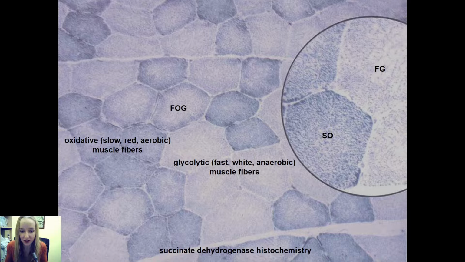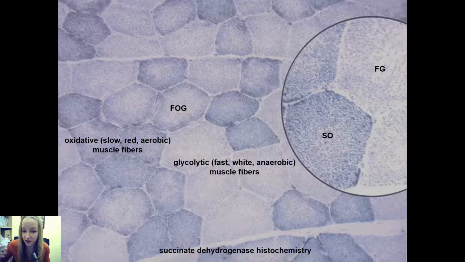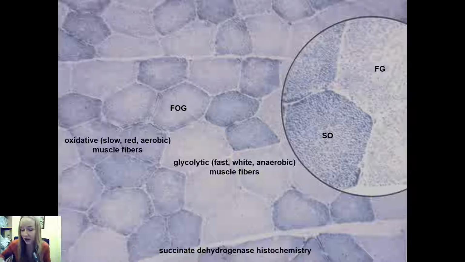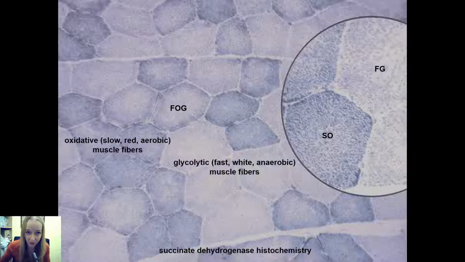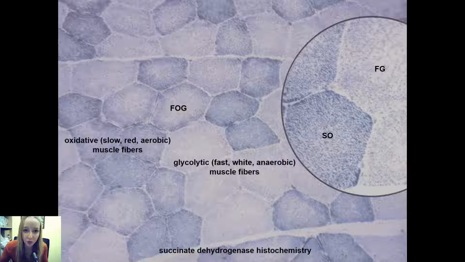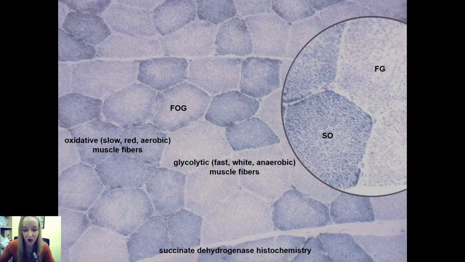The slow ones are more red, they're aerobic. They contain more myoglobin, which binds oxygen, and they also contain more mitochondria. So these are red muscle fibers, oxidative, one type. These fibers are darker here because they contain more succinate dehydrogenase.